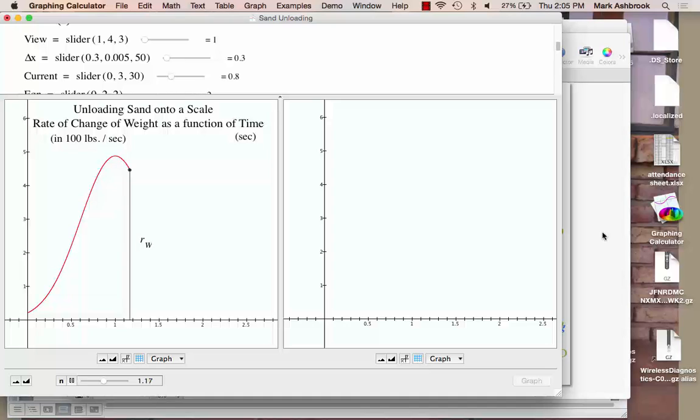What I'm showing you is the rate of change of weight as a function of time. The rate of change of weight is in hundreds of pounds per second, so the 2 on the y-axis is 200 pounds per second, as a function of the time since the first little bit of sand hit the scale. That's the static function you have on your handouts. So we are going to walk through this progression.